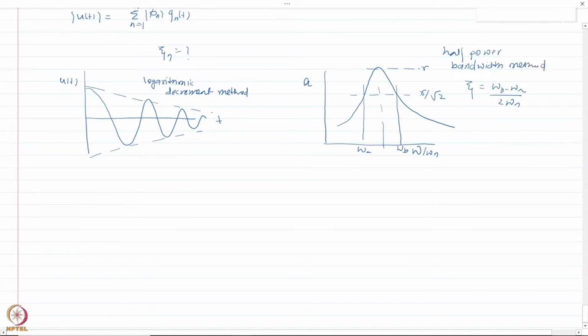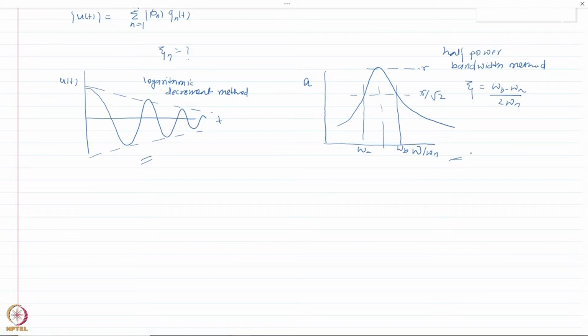Now the question is, when we have the response of a multi-degree of freedom system, the response is not due to a single mode, either the first mode or the second mode. The response is always due to the contribution of all the modes. So can we utilize these methods to find the damping of individual modes?